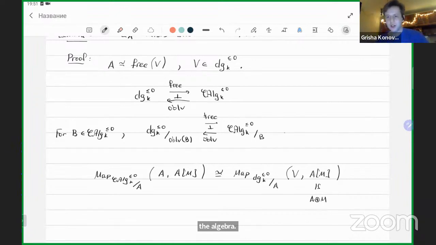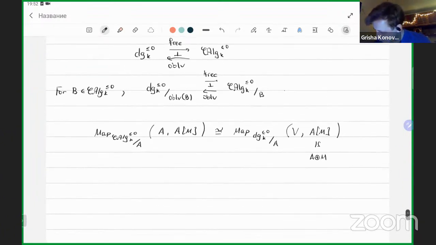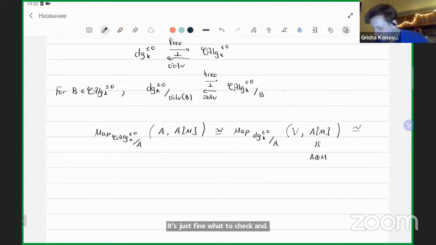So the adjunction extends to the adjunction between comma categories, which is straightforward to check. And let me get back to my proof.